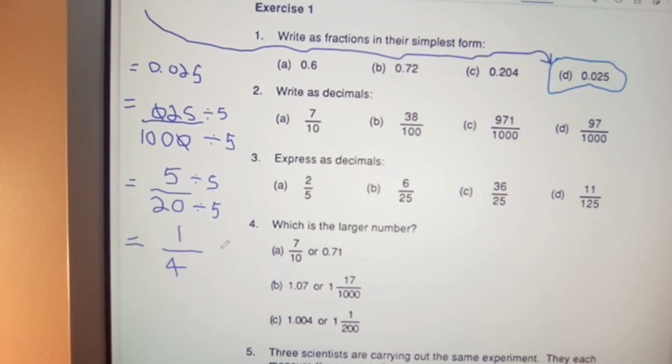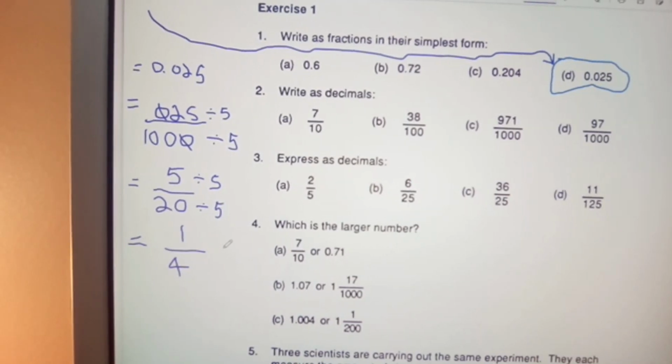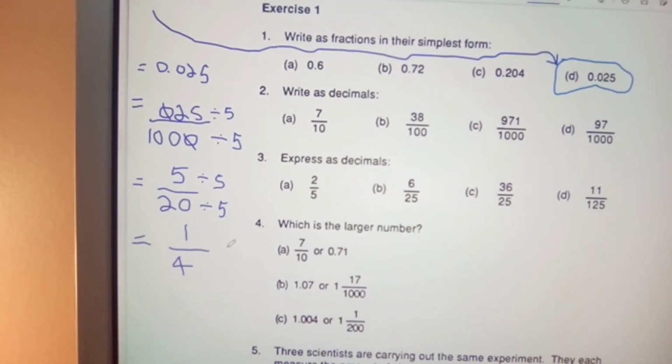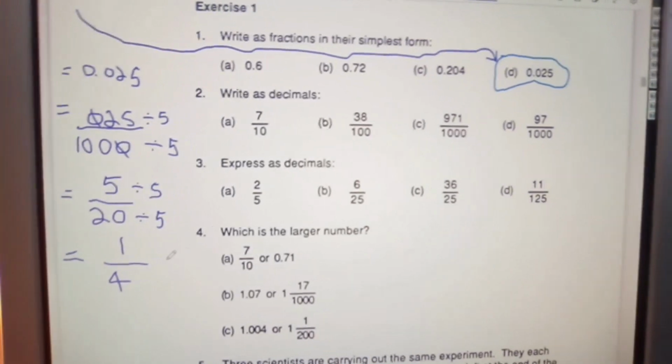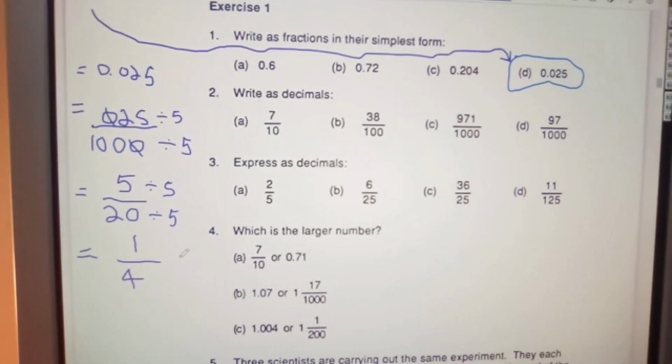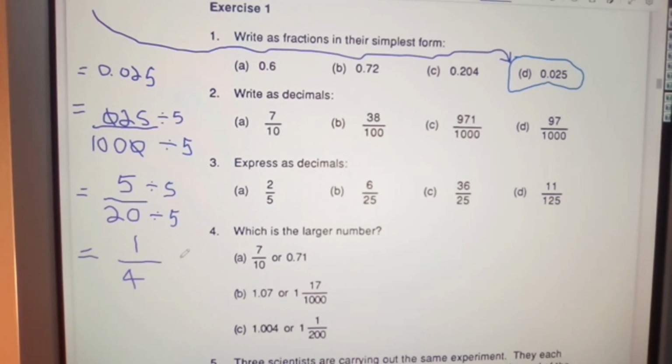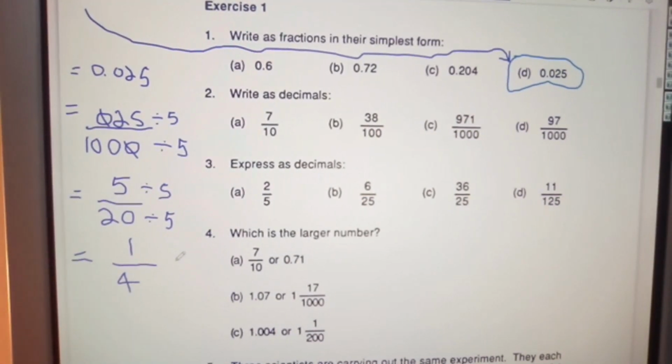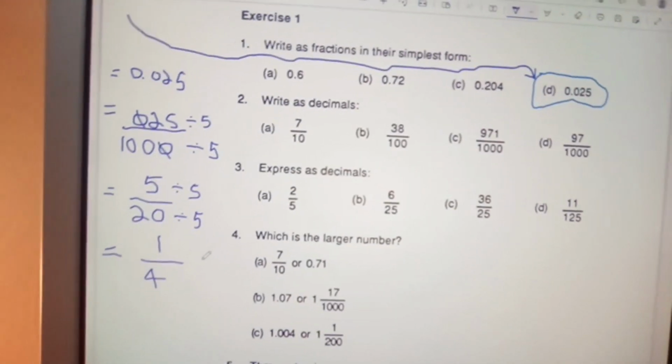Okay, that's going to be it for now. If I have any discrepancies on this one, I'm going to get back to you on that. But if you feel that there's something I've done incorrectly here, please do let me know. I'm always willing to learn myself.